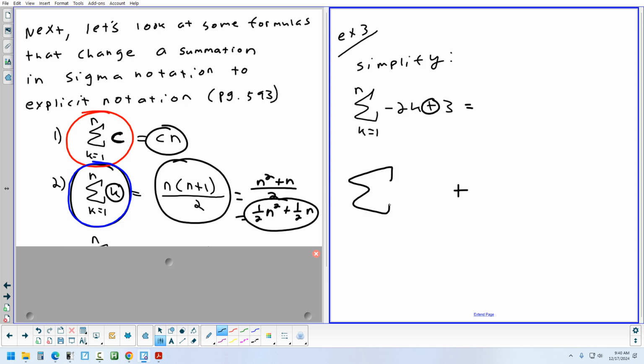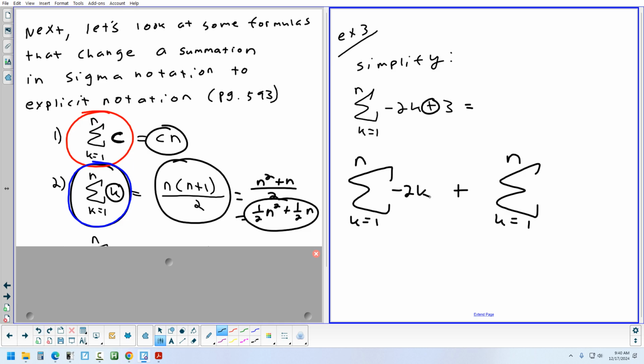There's 1. There's 2. Where does each sigma start? So we'll start at 1. Where is each sigma going to stop? N and N. Now, what's going to be the formula that goes right there for my first sigma? I'm going to have a negative 2k.